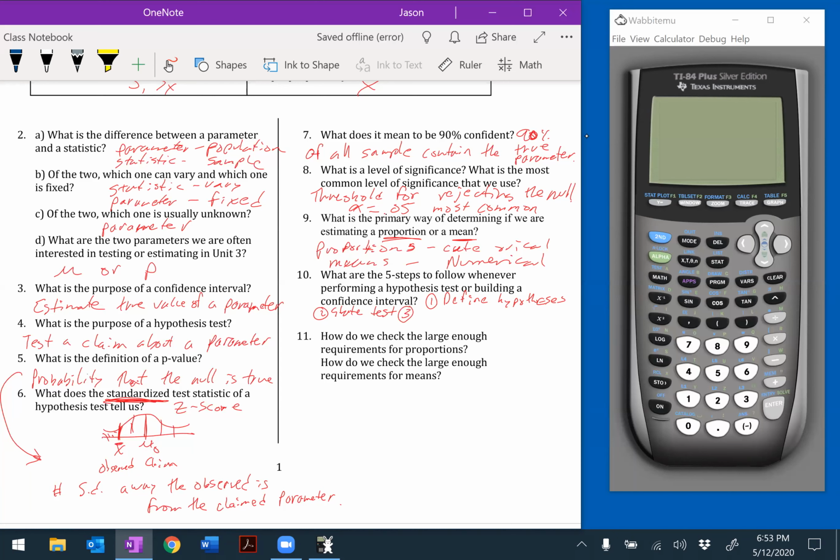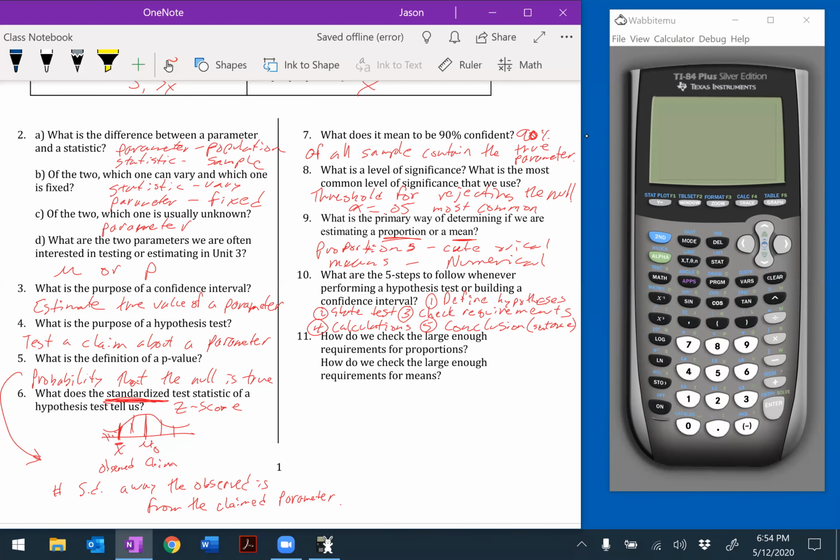Number 3, check the requirements. Number 4 is do the calculations. And number 5 is state your conclusion, as a sentence.